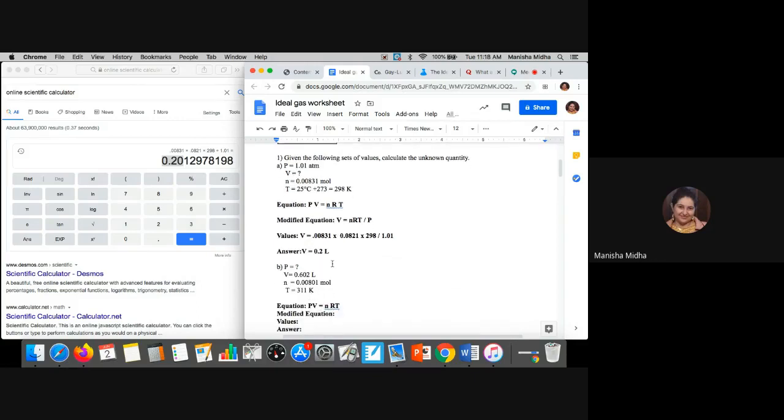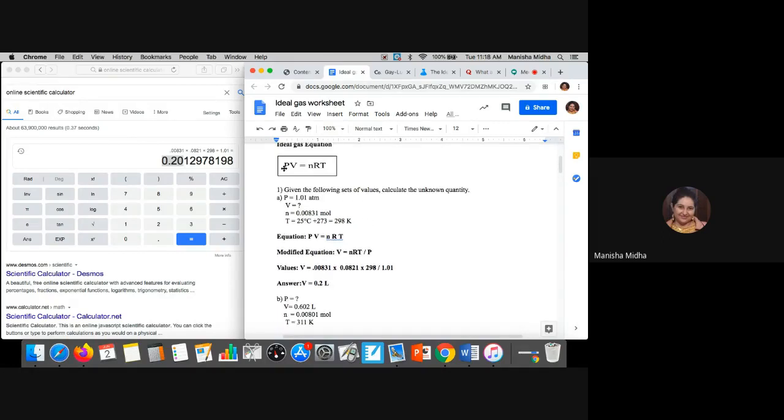So this is how you're going to solve all the questions. There are 5 variables. 4 of them will always be given to you, and the 5th one you will have to solve for. The challenging part is how to modify this equation, which if you need help, we will have Google Meets this week, so I can help you with this modifying part of the equation. But other than that, it's pretty straightforward.